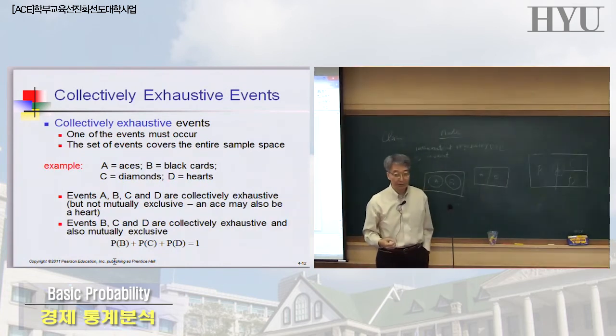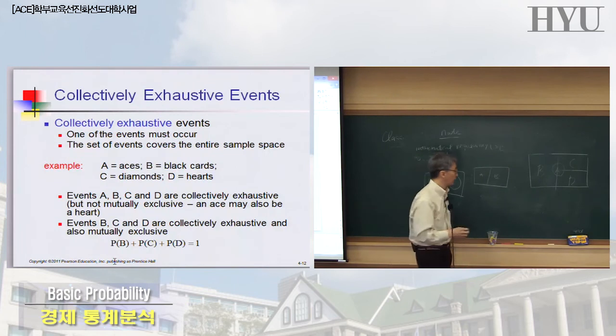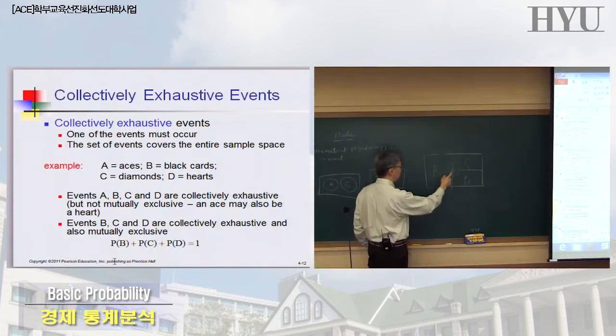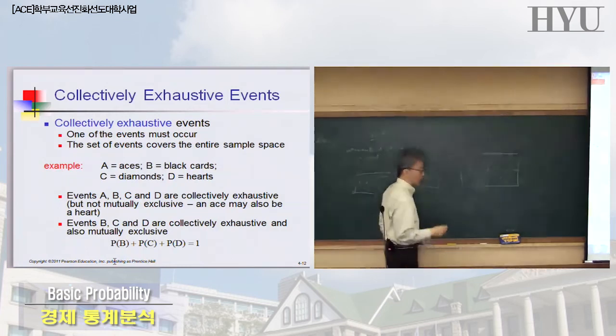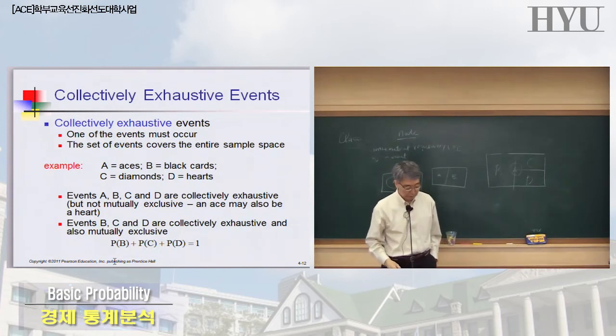A is the event that you pick an ace, and you have one ace in every suit. So this is exactly the way you should illustrate it: A overlaps with B, C, D. Okay, very good. Make sure you understand.